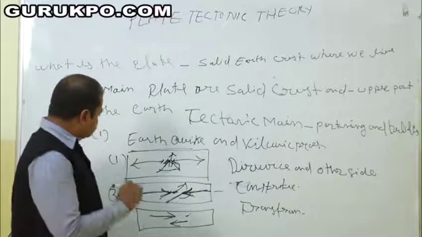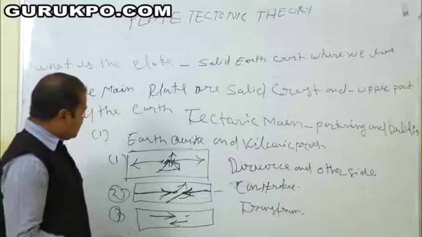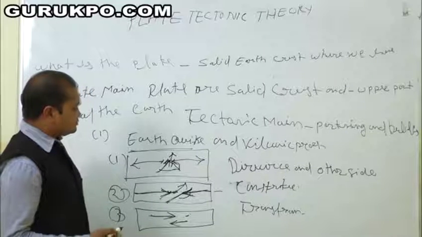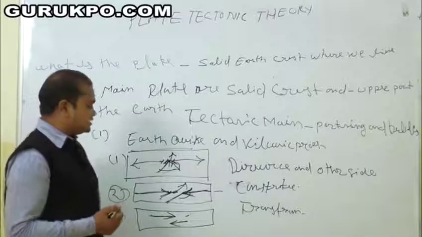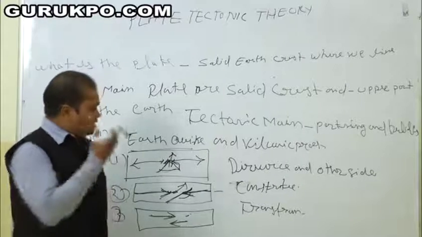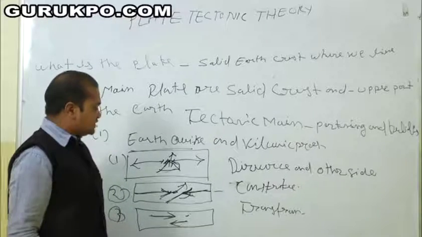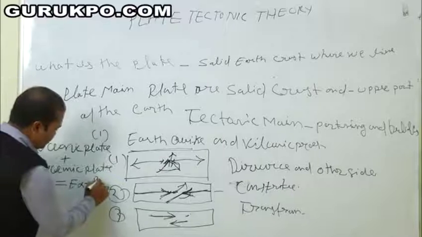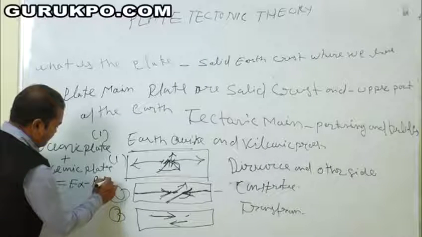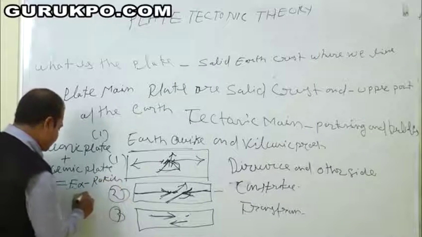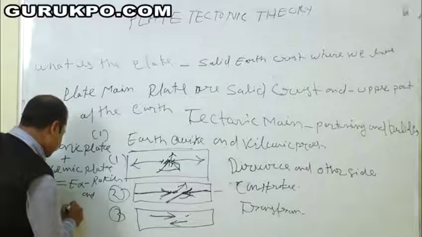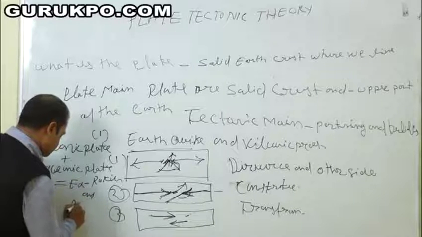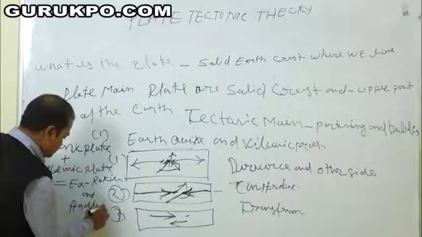So plates are mostly convergent, divergent and transform. Oceanic plate, first Rockies and Andes mountain.